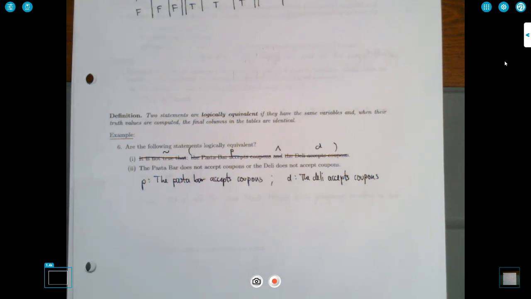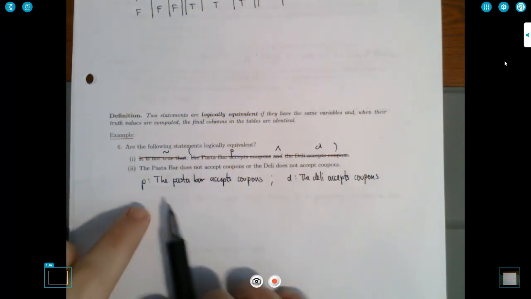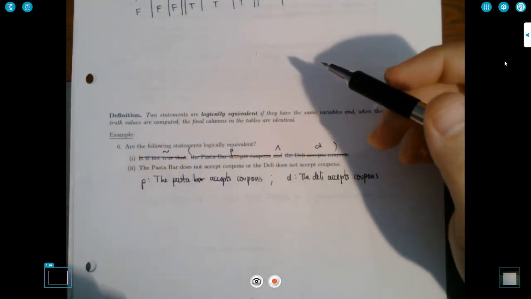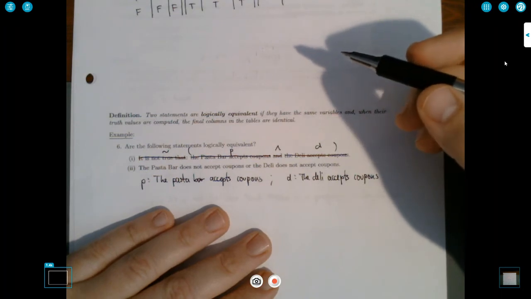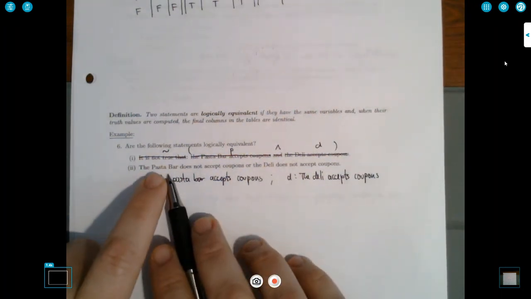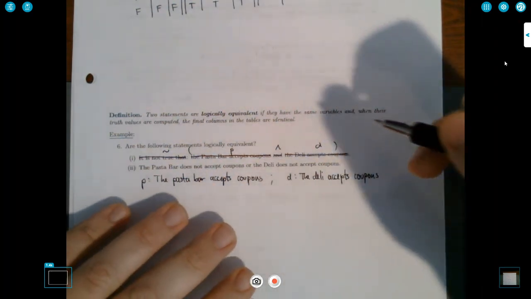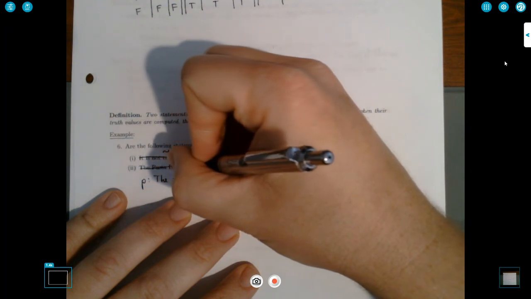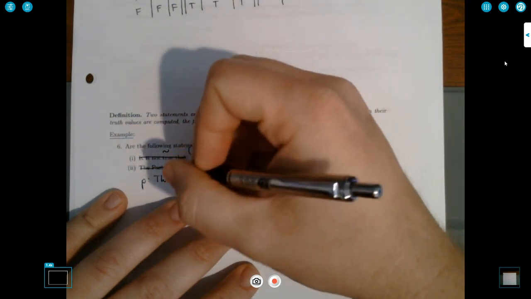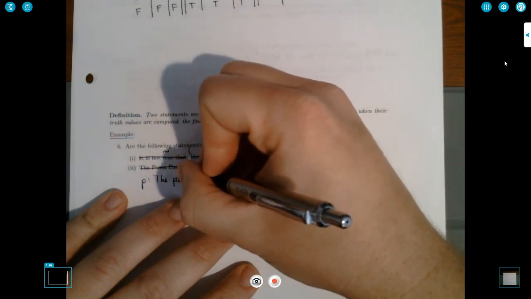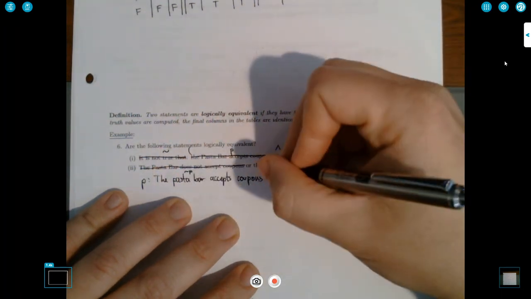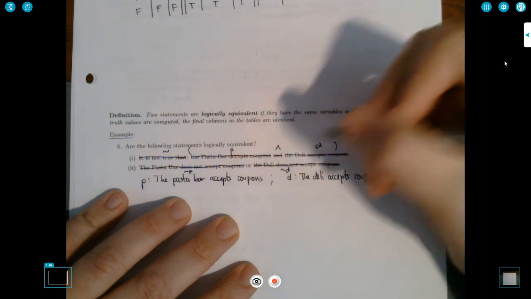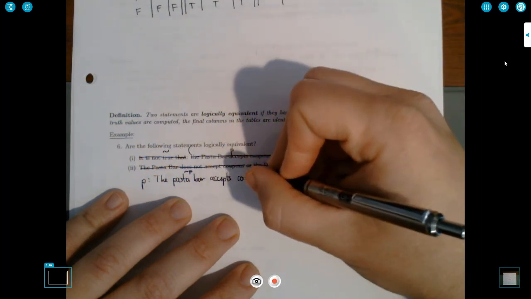Okay? Meanwhile, the second statement, and I shouldn't have written this stuff so close to it, but the second statement says the pasta bar does not accept coupons. So this is like not P, right? So the first statement, the pasta bar does not accept coupons, is not P. And then the deli does not accept coupons is not D. And then or is a disjunction.